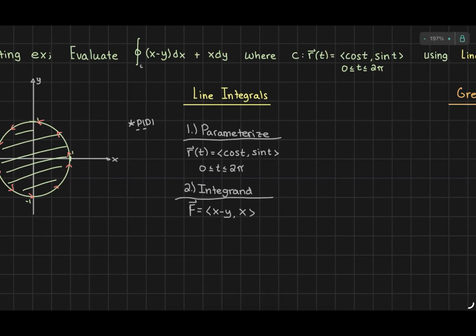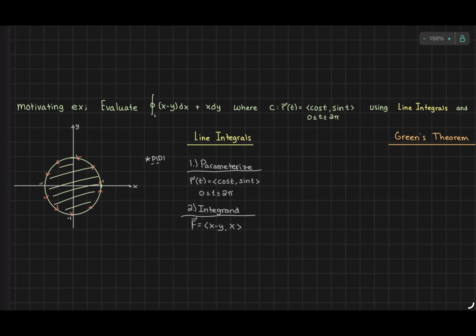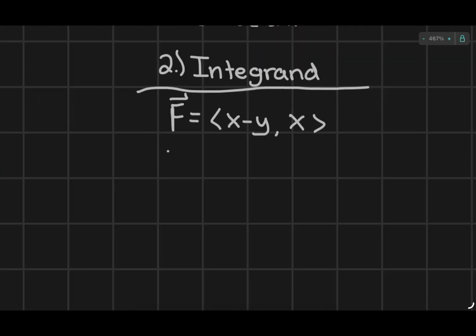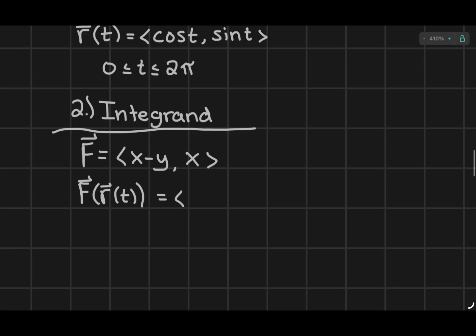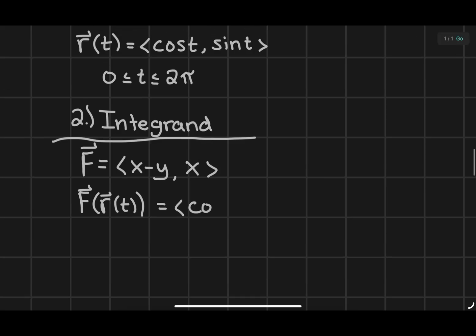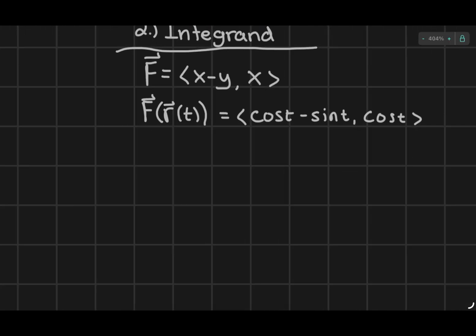That is our F. And for our F of r of t, we're going to be converting to our parameterized curve. We know that our x is cosine t and our y is sine t. So let's just go ahead and plug those in directly. We now have cosine t minus sine t in our x component and cosine t in our y component. Looks good.